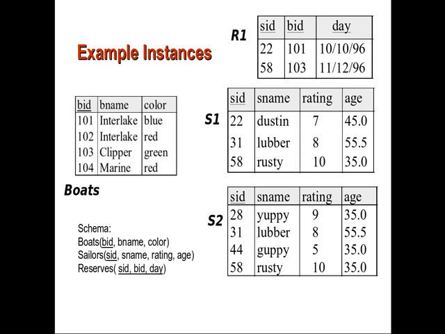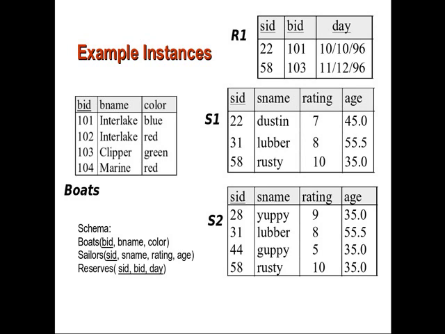The columns consist of the attribute names, and the rows consist of the data for those attributes. And we have other instances. R1 is an instance of the relation reserves, and S1 and S2 are instances of the relation sailors.